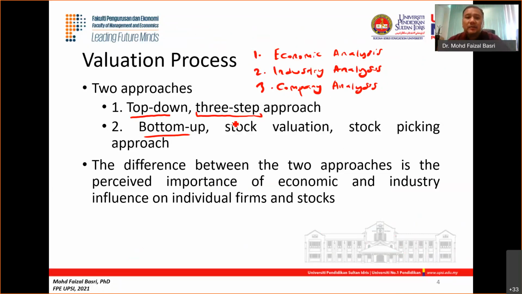So when I said the top-down three-step approach, meaning we're going to look from step number 1, go to step number 2, then we go to step number 3. Hence the name top-down in this manner. So meaning we're going to go step by step. We do not go straight to step number 2 or step number 3. We're going to go through one by one.